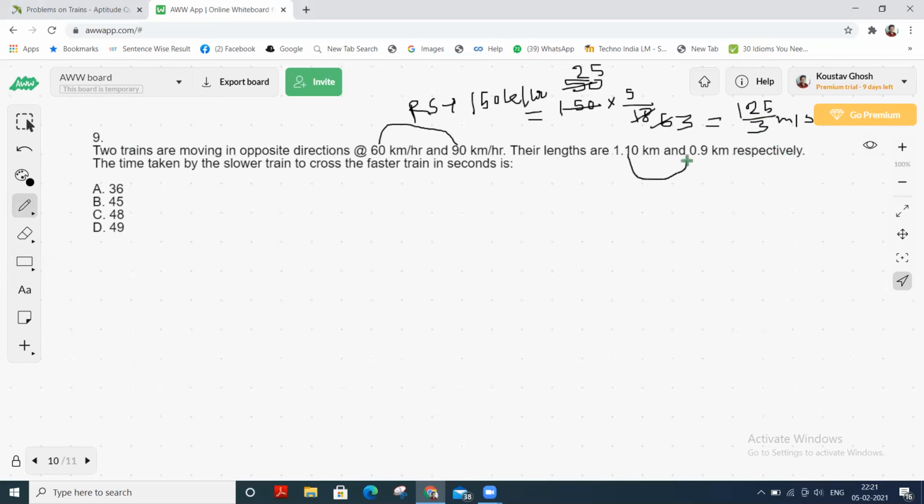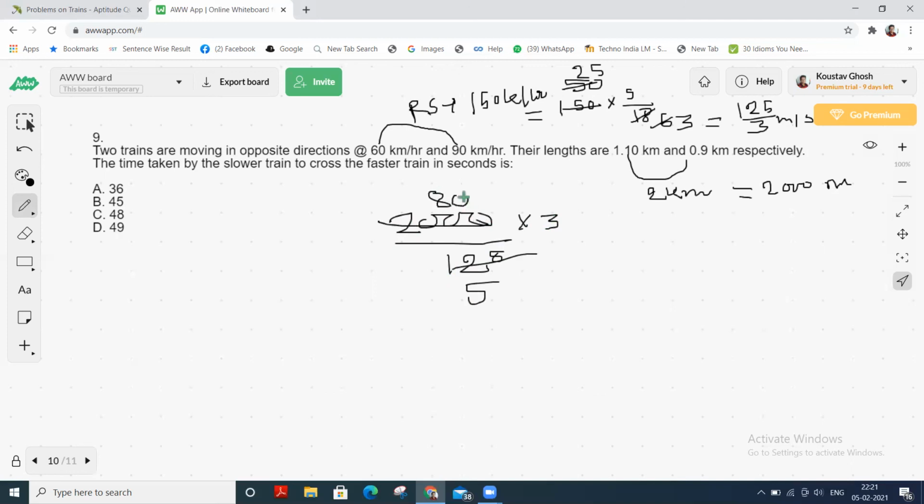And the total distance is 1.10 kilometers plus 0.9 kilometers, that is 2 kilometers, which is 2000 meters. The required time is total distance divided by relative speed, that is 2000 by 125 by 3, which gives 48 seconds. So option C is correct.